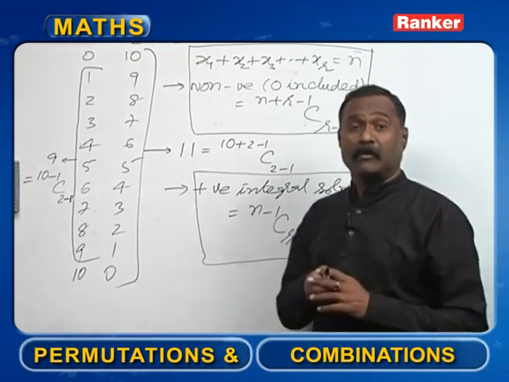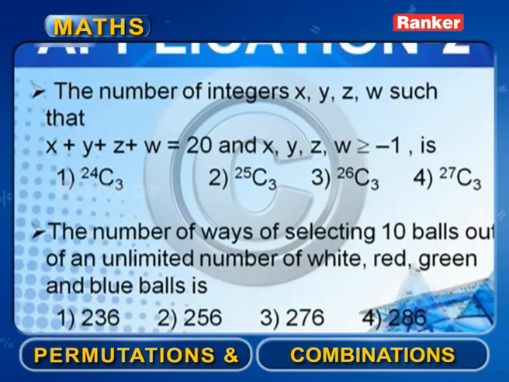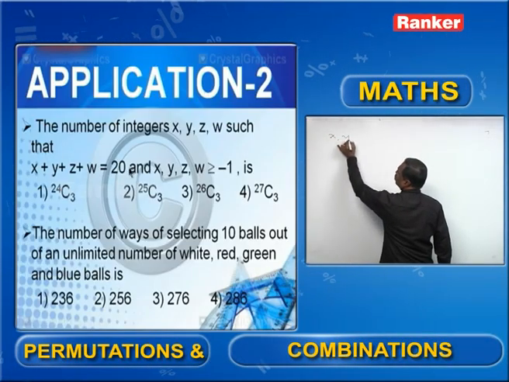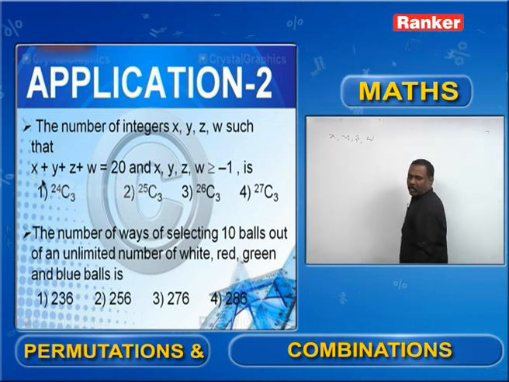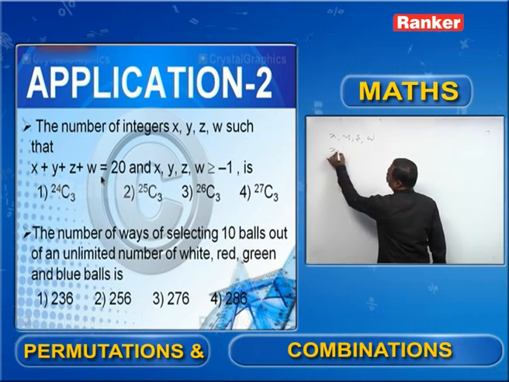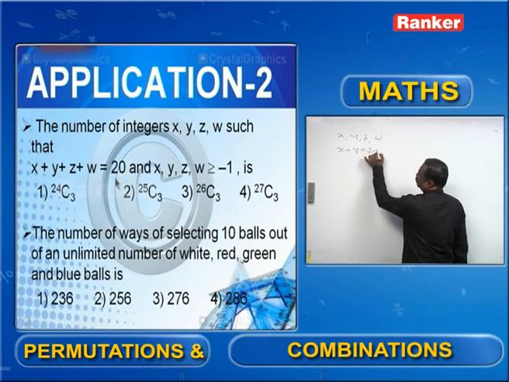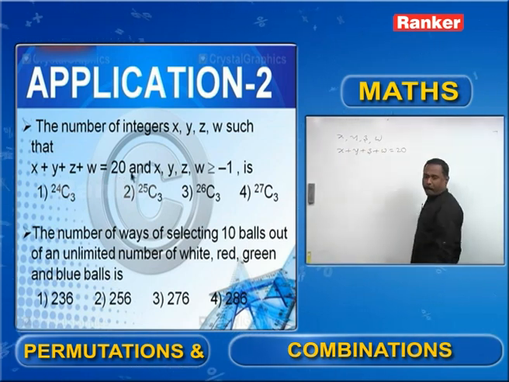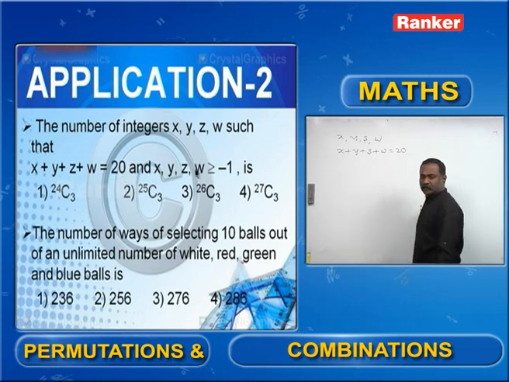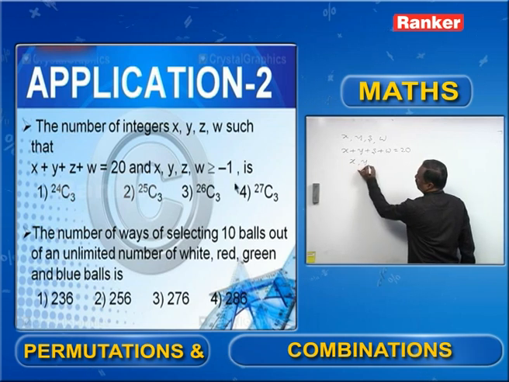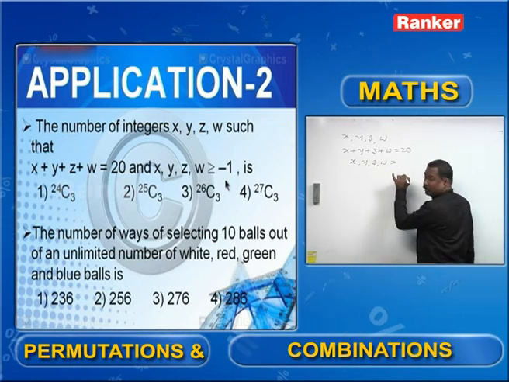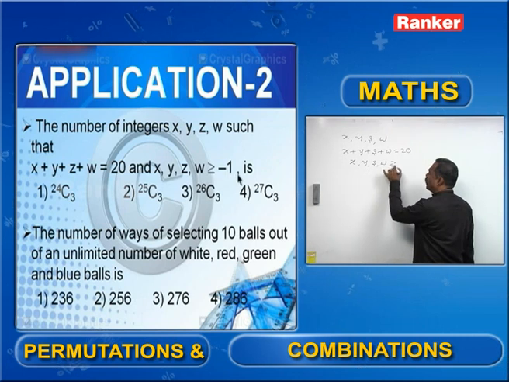Let's see a problem on this. The first problem: the number of integers x, y, z, w such that x plus y plus z plus w is equal to 20, where x, y, z, w are greater than or equal to minus 1.